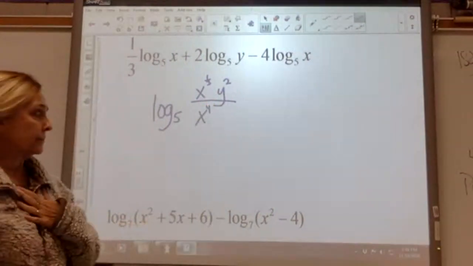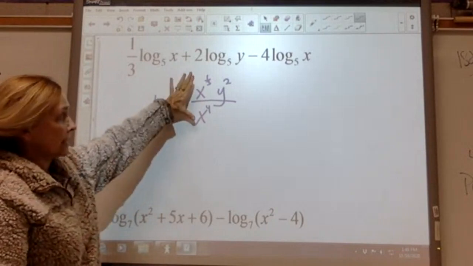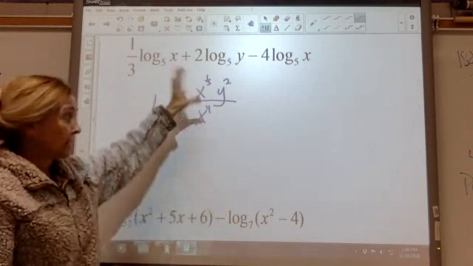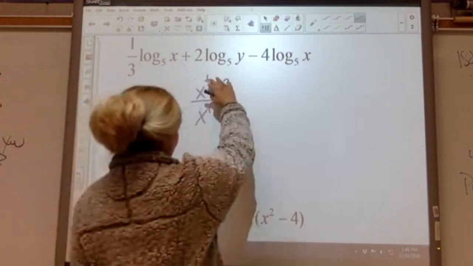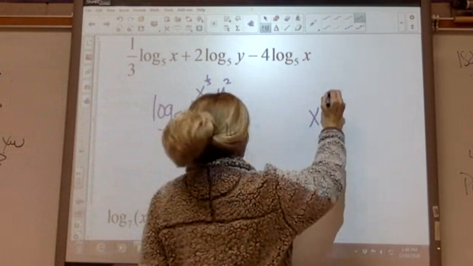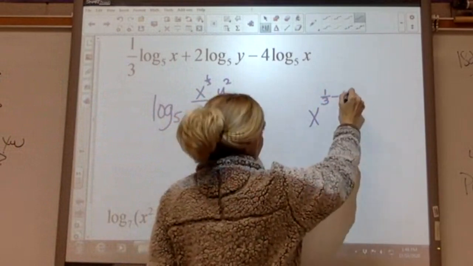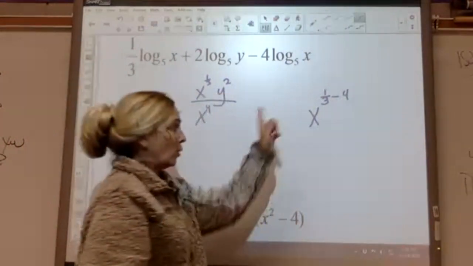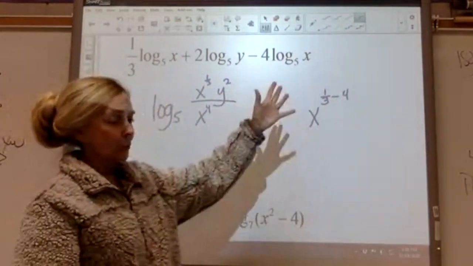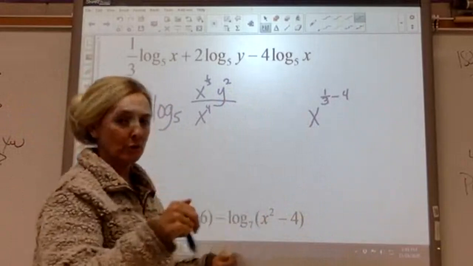Now, when I look at this problem, I see I have an x for a base here and here. So I need to combine these together. And so this is exponent rules, all right? And so when you divide, you subtract, which means I'm going to have x raised to the 1/3 minus 4. Okay. 1/3 minus 4, if I take a third away from 4 wholes, it's going to leave me 3 2/3.